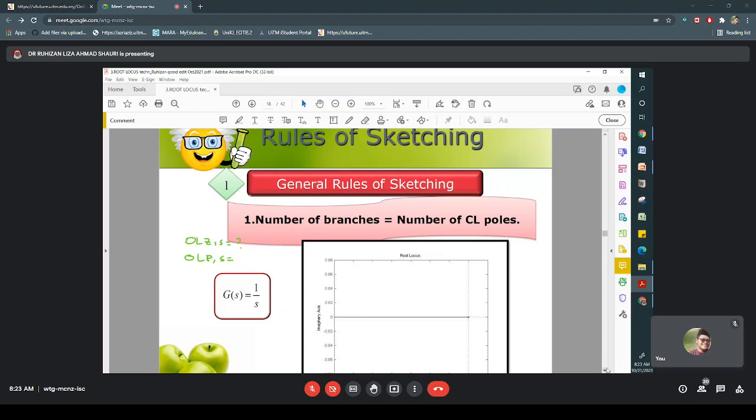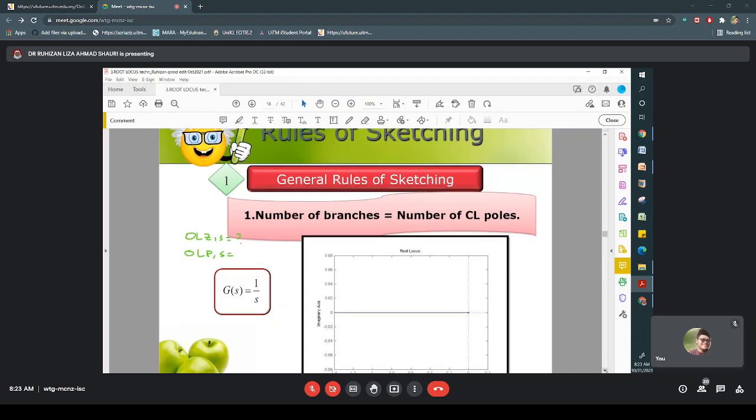Now you can see the root locus for this one. This is very small because it is from the programming. It is actually a cross mark there, probably you cannot see.